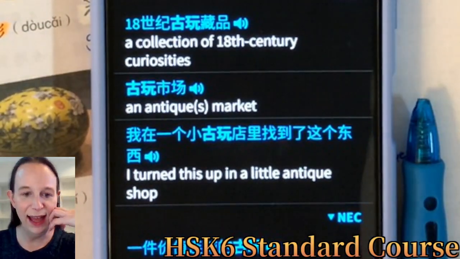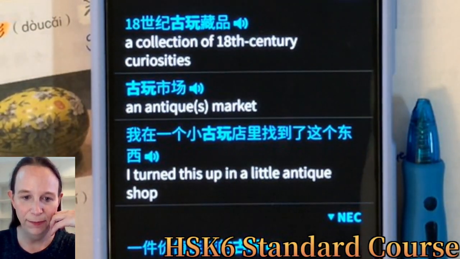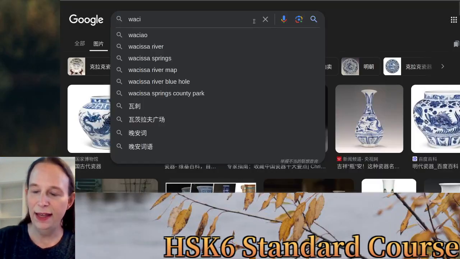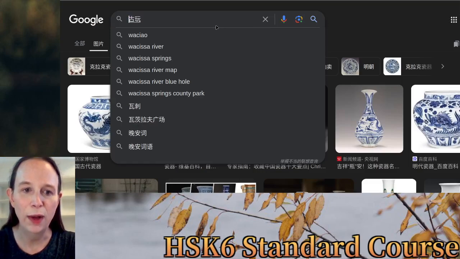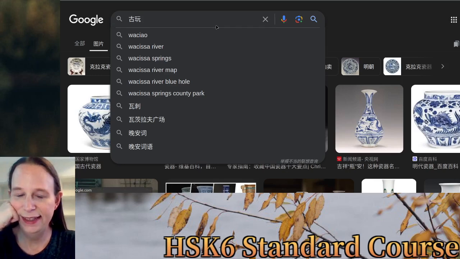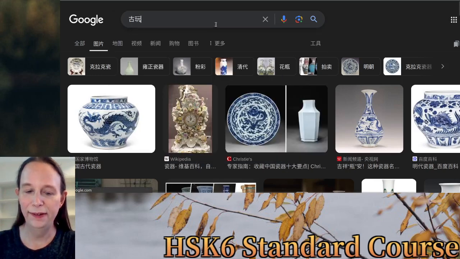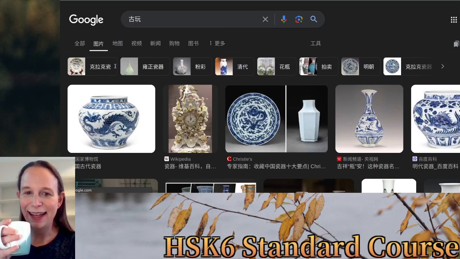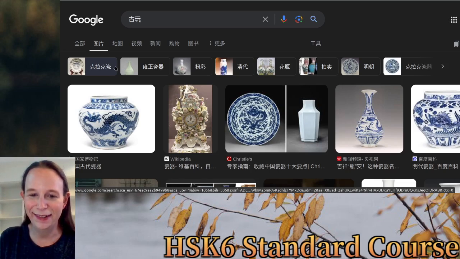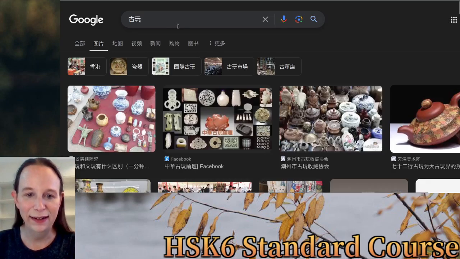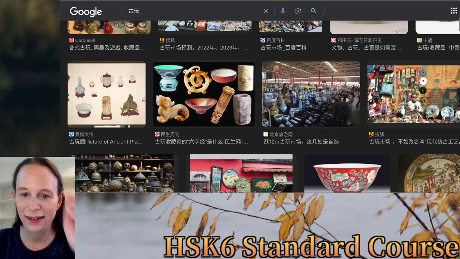Let's put it in Google image search and see what comes up. Let's compare them. 古玩. Is this just another word for antique? Is it the same as 古董? I don't know. I'm not really big into antiques. Like pay more for old things? I don't know. What's the attraction? Oh. All right. 古玩.